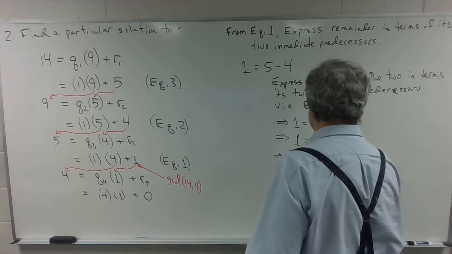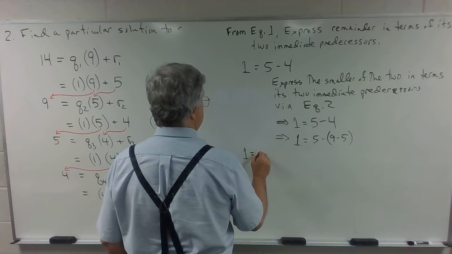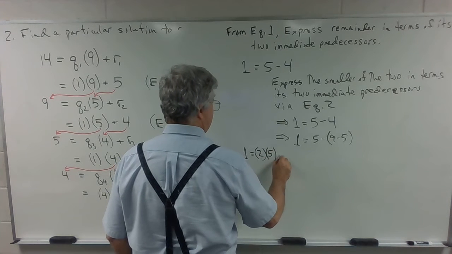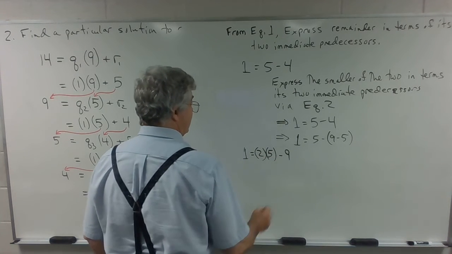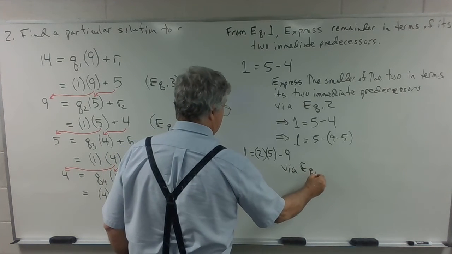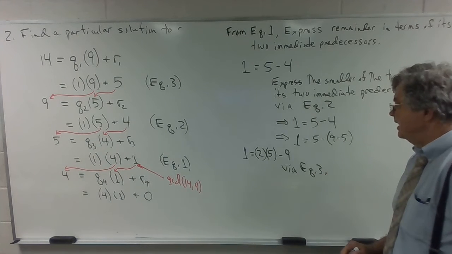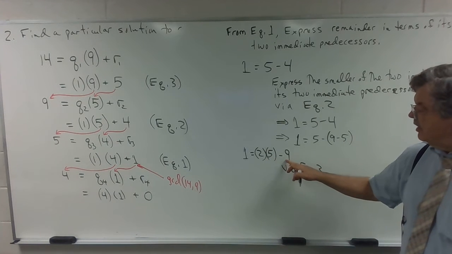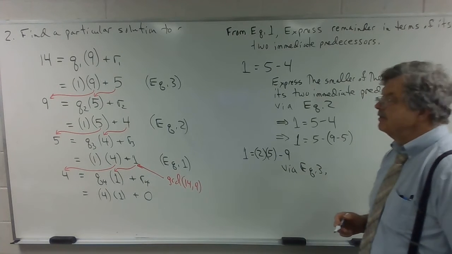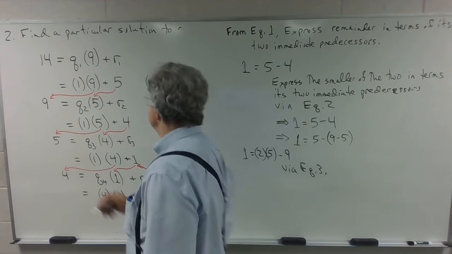Let me write this equation over here. And again, we take the smaller of these two, which is 5, and express it in terms of its two immediate predecessors, 9 and 14.